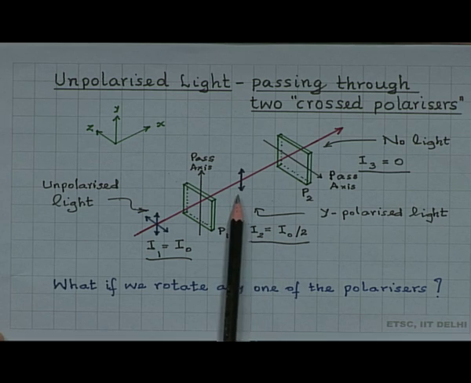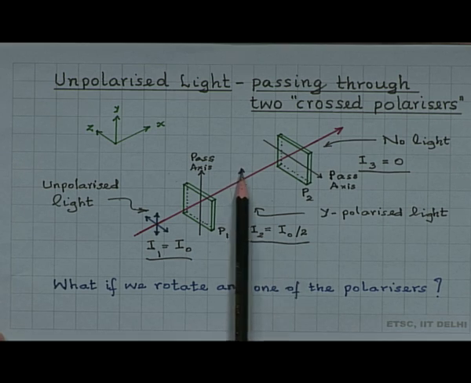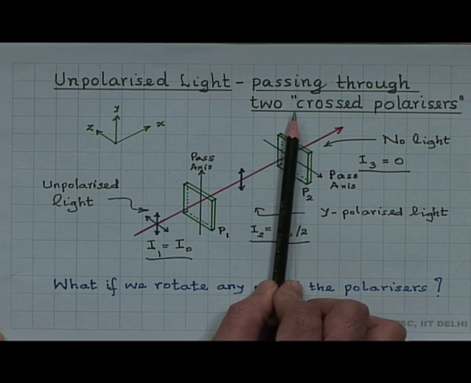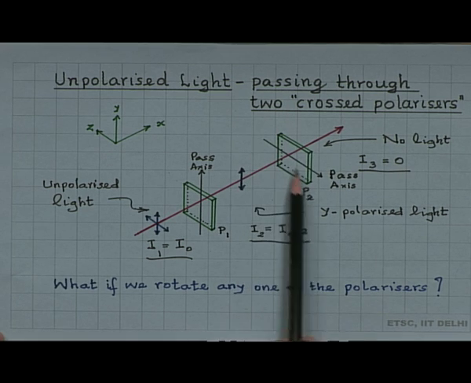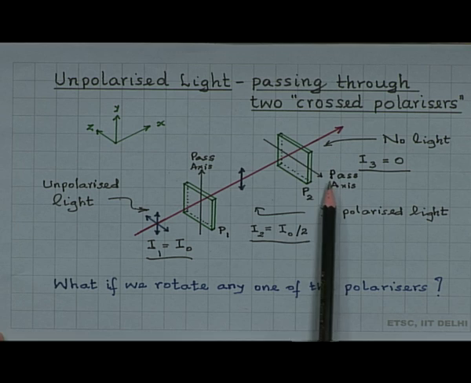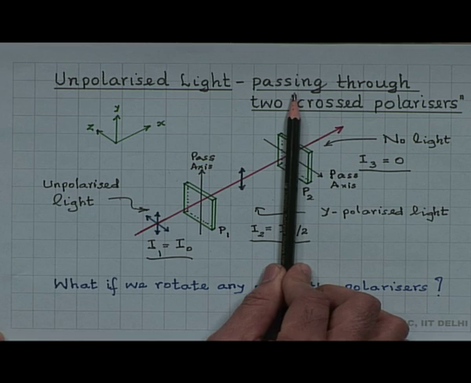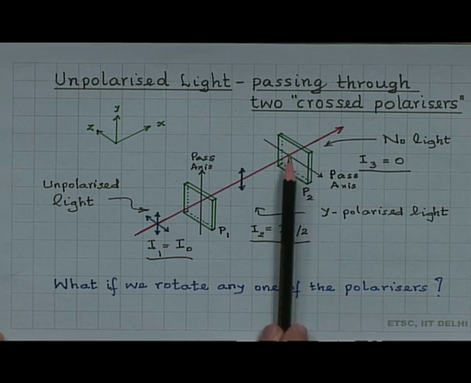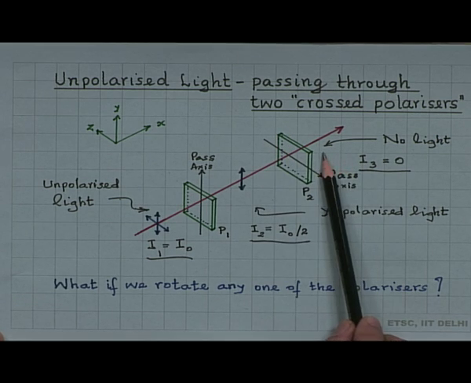So, the output intensity here, I 2, is I 0 by 2. Now, light continues here; this is y polarized light, but the path axis here is along z, it is perpendicular, and therefore, this polarization will be completely attenuated, absorbed or blocked by this polarizer, and we get no light.